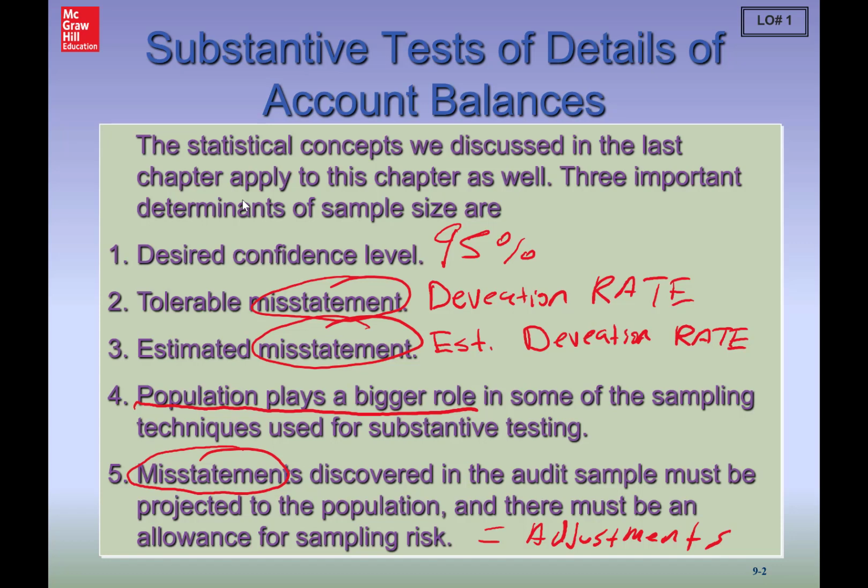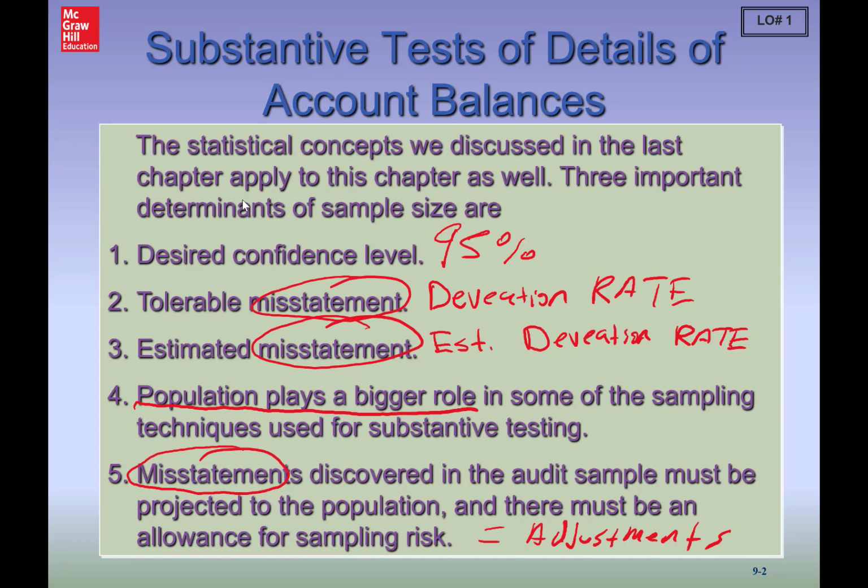But what we're going to be doing here is using sampling to project what that misstatement is and then comparing that to something called tolerable misstatement. Now, that is analogous or equivalent to the deviation rates in our control testing. Remember, we said the tolerable deviation rate is the maximum amount of deviation we'd accept before determining that the control does not have operating effectiveness.